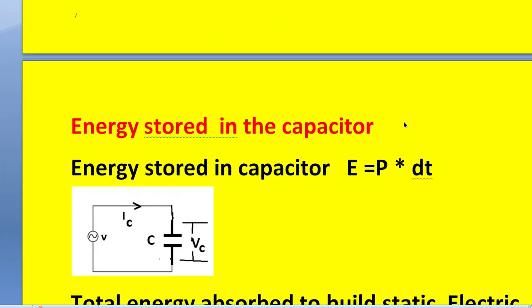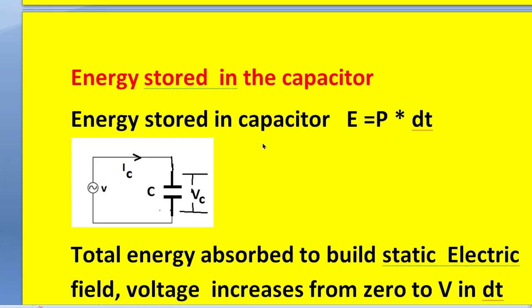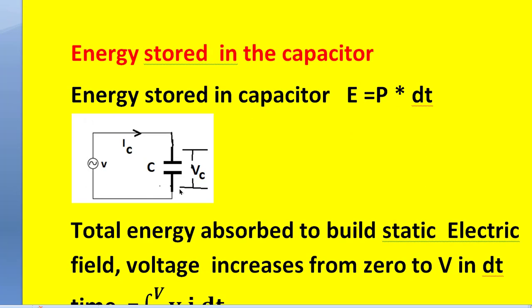Next, energy stored in the capacitor. Suppose the AC supply is given to the capacitor like this, then the energy stored in the capacitor we can write as power into time.